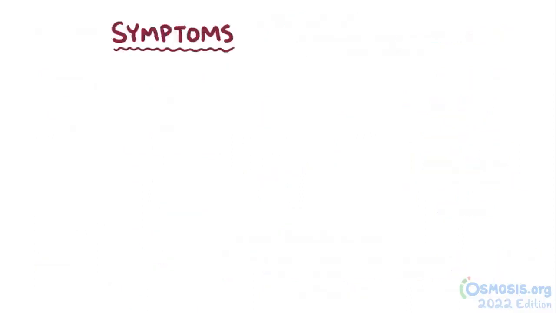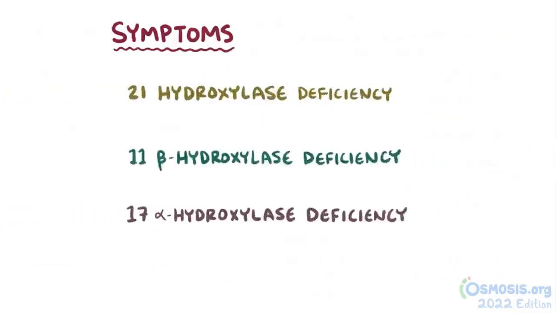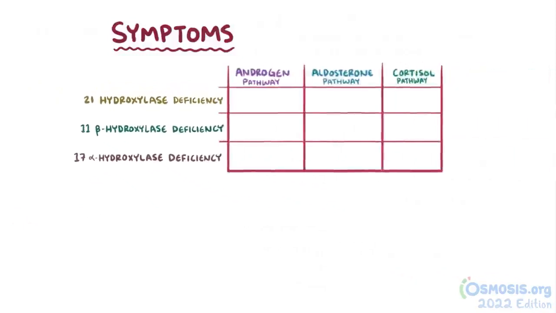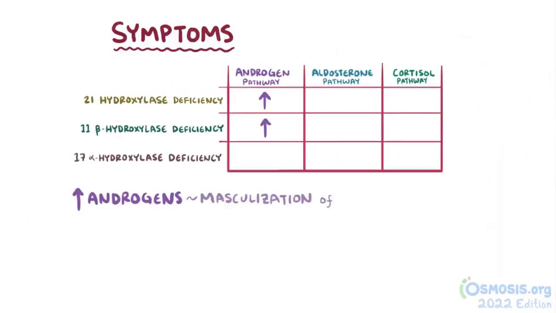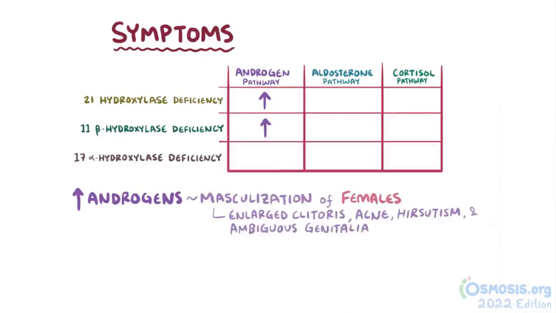Symptoms of congenital adrenal hyperplasia depend on the enzyme deficiency. In 21-hydroxylase and 11-beta-hydroxylase deficiency, there's an increase in androgens, which causes masculinization of females. Changes include enlargement of the clitoris, acne, and hirsutism, which is the growth of facial and chest hair, and possibly even ambiguous genitalia.